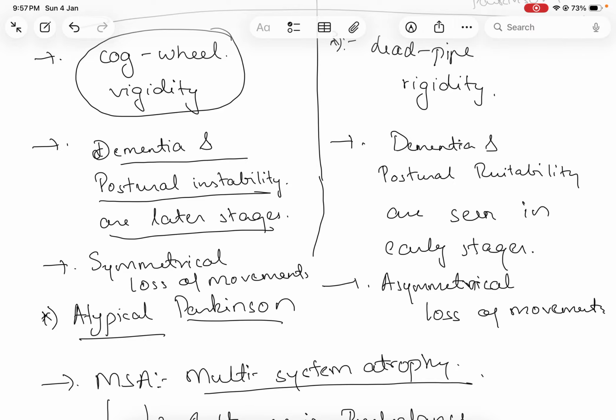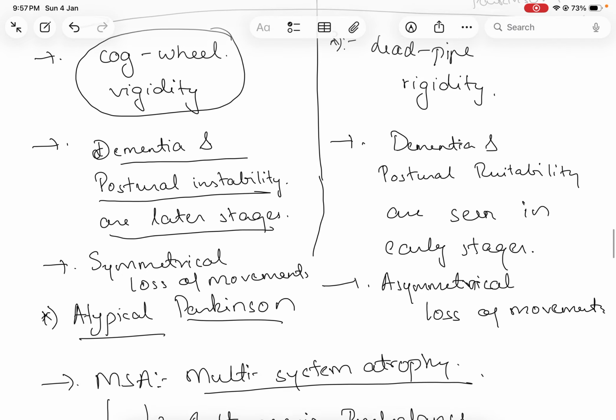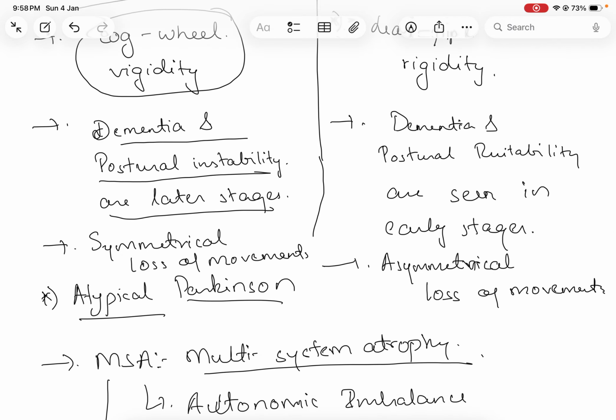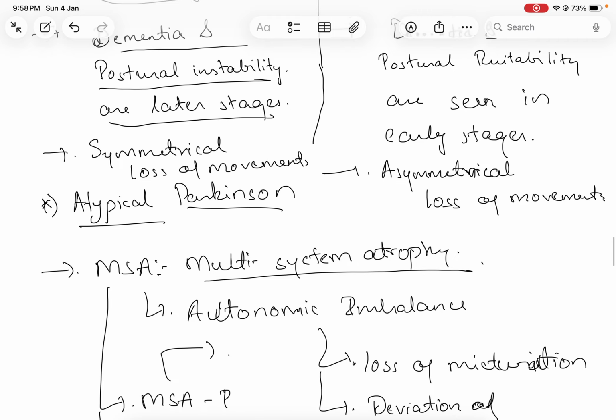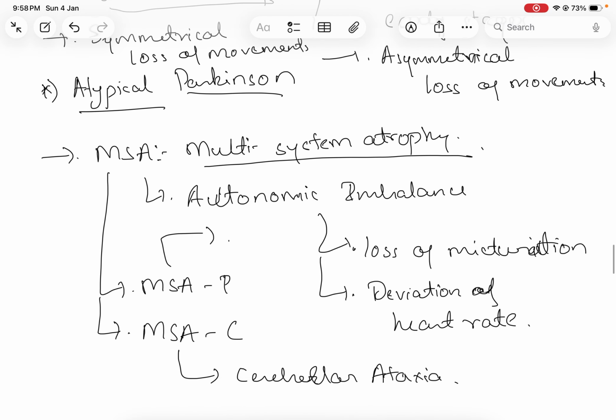But in Parkinson's disease, the loss of cognition is at mid-stage onset. So there are certain subtypes of atypical Parkinsonism which we'll be talking about.